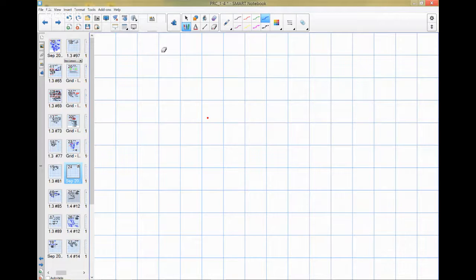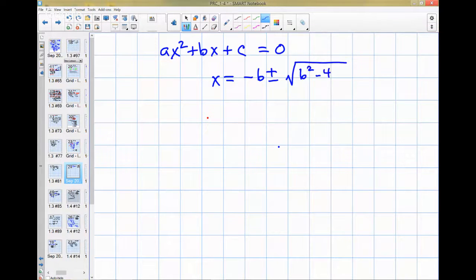If you have an equation in this form, and by the way, A, B, and C can be filled in with any integers, then what's the answer? I know you've had that in a previous math class.